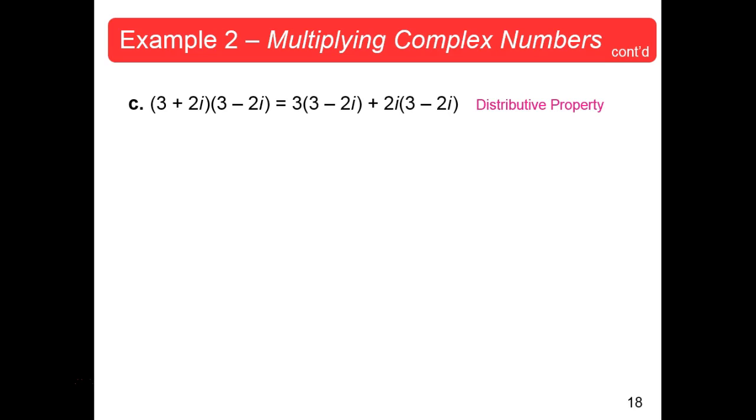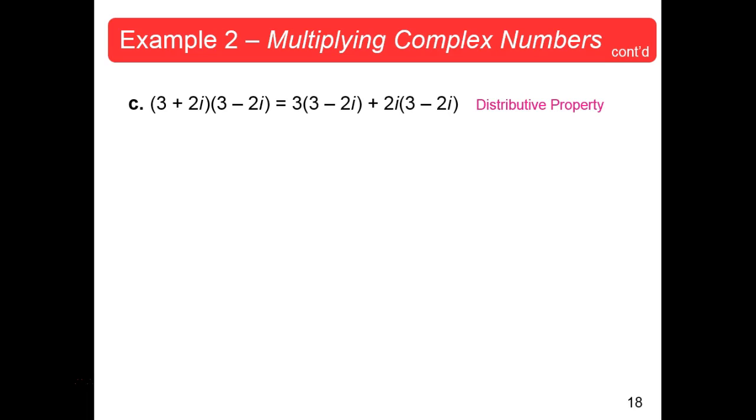Now, what did we have here? Let's take a look at this. We're jumping up a little bit. Here we have the sum times the difference of the same two parts, right? I don't know if you remember what we call this. We call this a conjugate. Yep, the conjugate. A plus b times a minus b. When you were trying to rationalize denominators with irrational numbers, you multiplied by the conjugate.